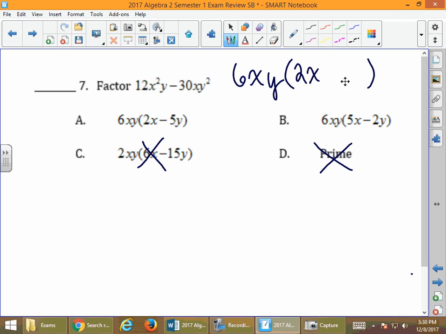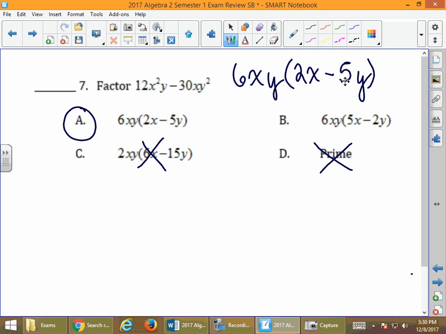We already took out our y, so it's 2x. So now we can tell that the answer here is going to be A. But let's just check. Does 30 divided by 6 equal 5? Yes. And then we already took out the x's. y squared divided by y does equal y. Factoring the greatest common factor.